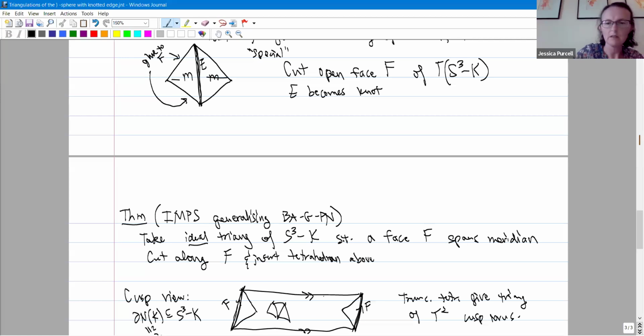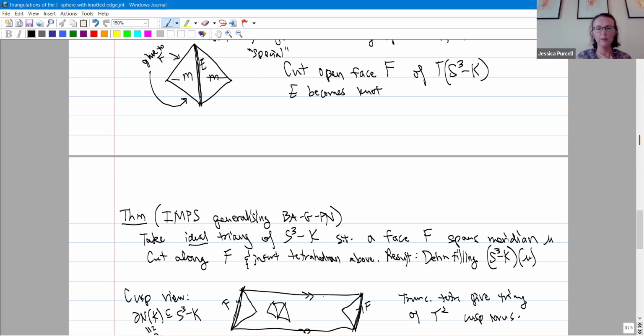And the result turns out to be a Dehn filling of S3 minus K, called mu. So this is just going to be S3 in this case.